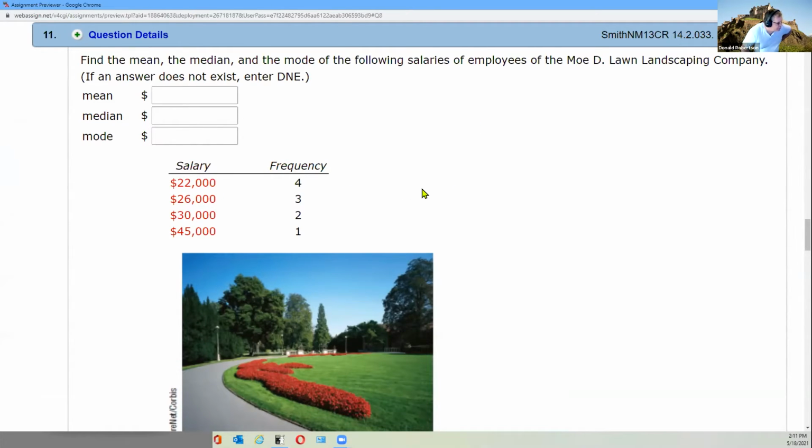There isn't a single 22,000. There's actually 4 of them. So if you're doing it in your calculator, 22,000, 22,000, 22,000, 22,000, then it will work. Easy thing to miss. So 4, 7, 8, 9, there's 10 numbers there. They've just been condensed into a smaller table. And as long as there's not too many of them, that way works fine.